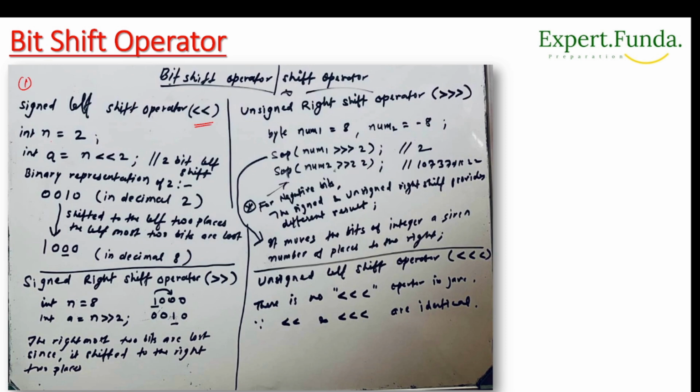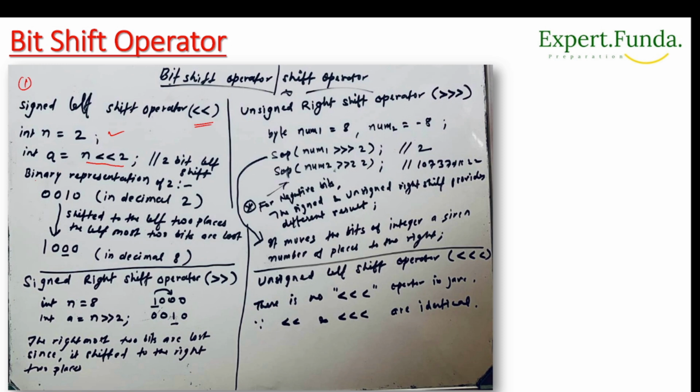Let's suppose we have an integer n equal to 2, and we want to do a left shift with 2, which means we want a 2 bit shift to the left side. So we are using n left shift of 2.